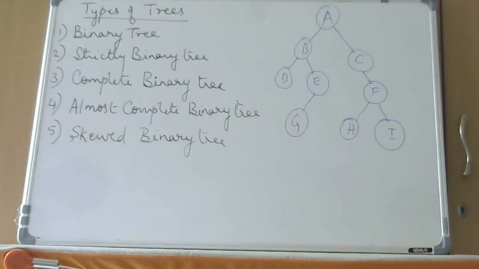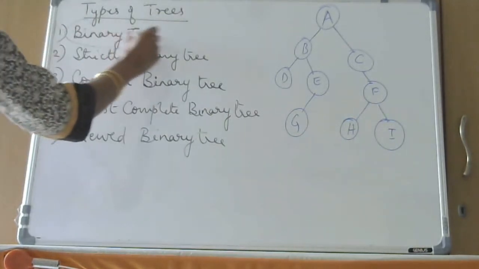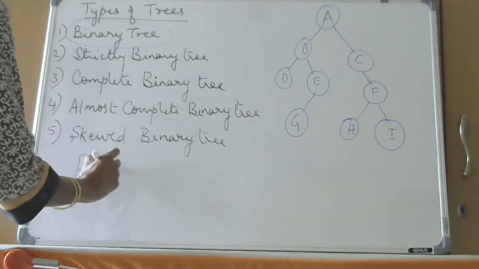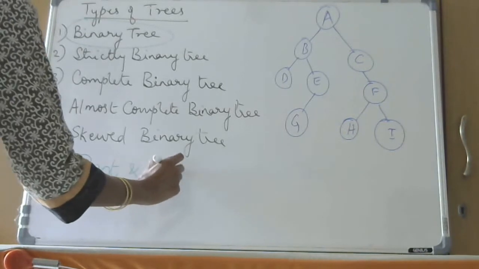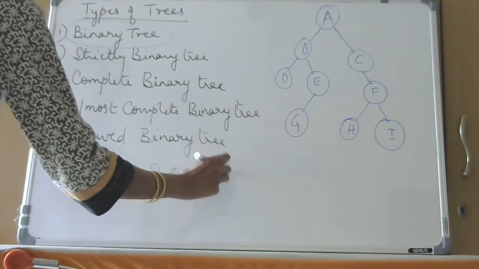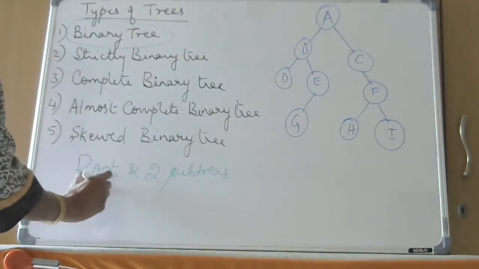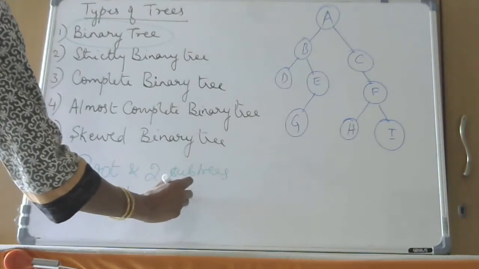First one, let us take up what we mean by a binary tree. I think all of you would have learned what a binary tree is, right? The binary tree is a tree which has a set of nodes, either empty or consisting of a root and two subtrees, that is left subtree and right subtree. That means a tree in which every node has either 0 or 1 or 2 subtrees.